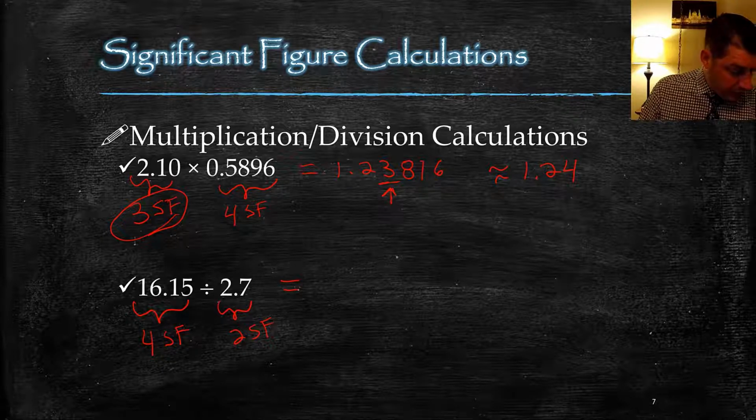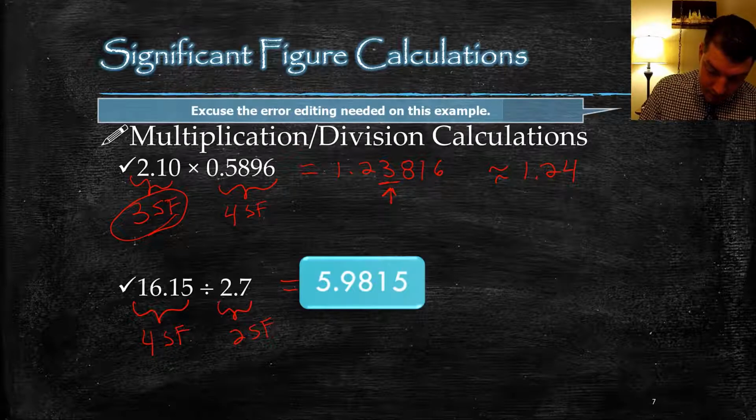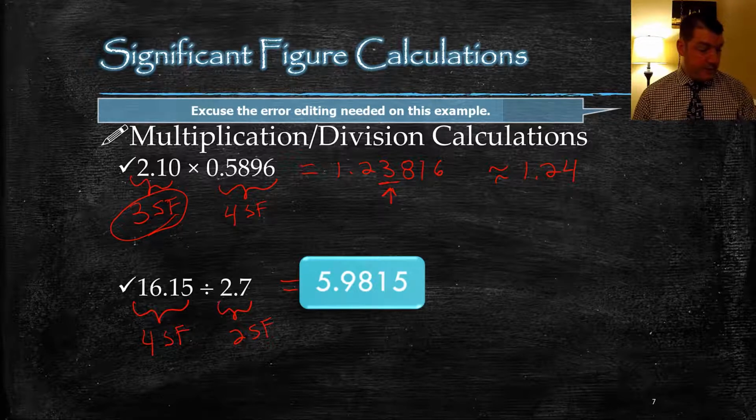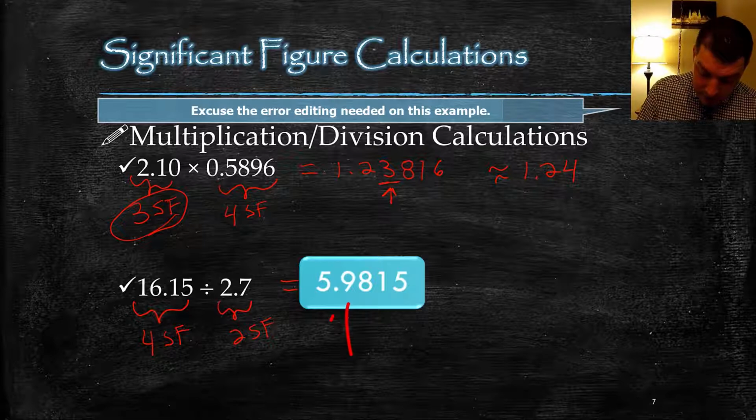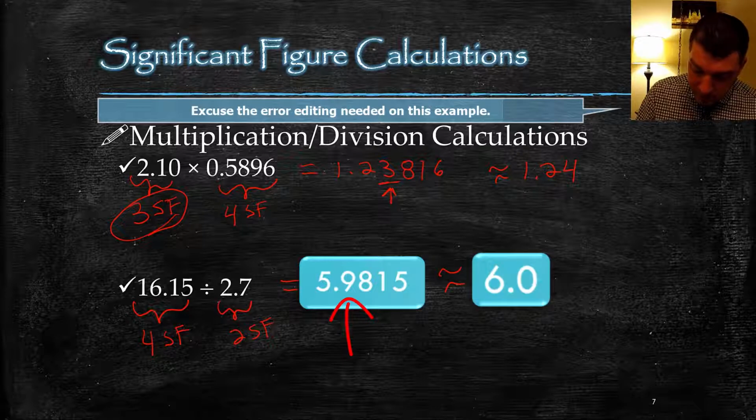We get a complete calculation that now has 5 significant figures in it. Our answer can only have 2 significant figures, so we go to the second significant figure, and the digit after it is greater than 5, so we round up. So to the correct number of significant figures.